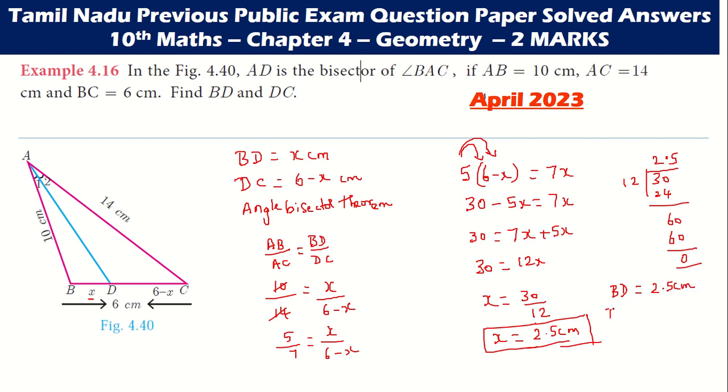Then I have to find DC. DC means 6 minus x which is equal to 6 x ல minus பண்ணனா வரும் 2.5. So அப்போ 6 ல 2.5 subtract பண்ணா உங்களுக்கு என்ன ஆன்சர் கிடைக்கும் 3.5 centimeter. So DC is equal to 3.5 centimeter.